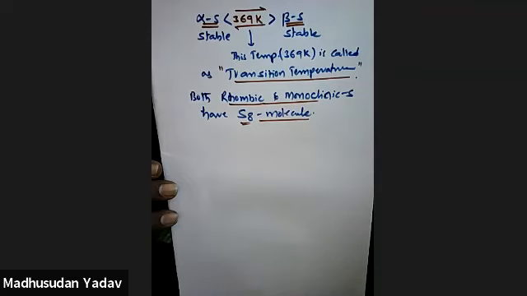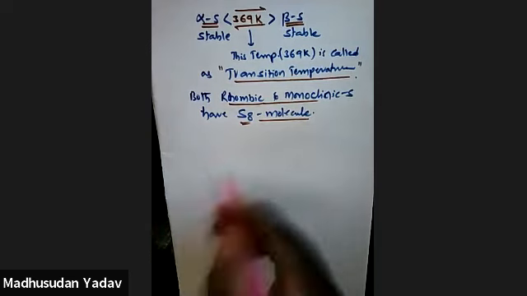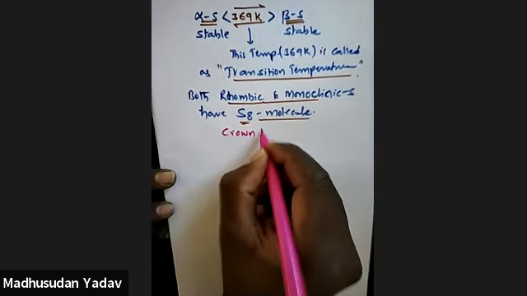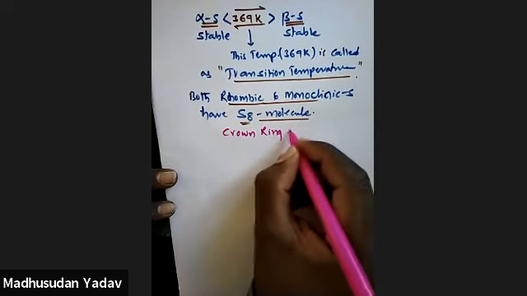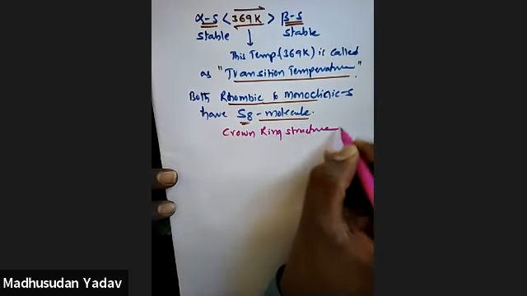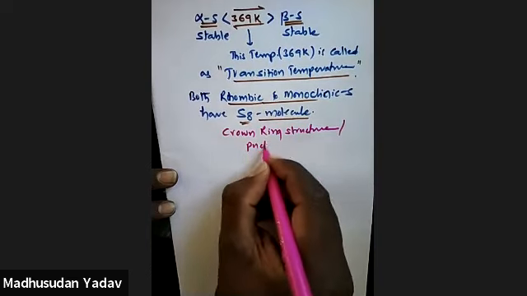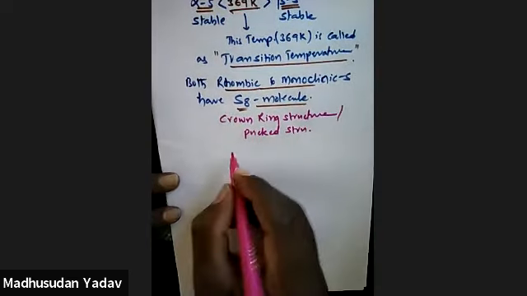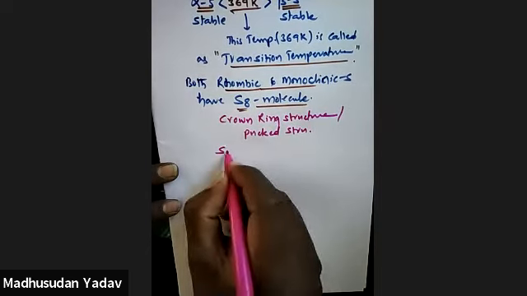So let's draw the structure of the S8 molecule. It has a crown ring shape, a crown ring structure, also called a puckered structure. So let's take this structure. It's like a crown.